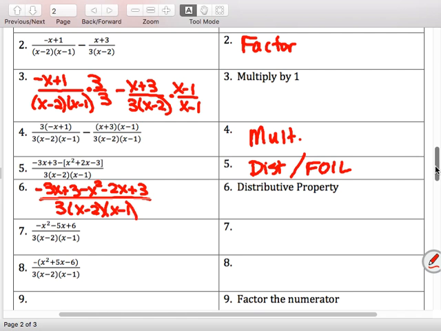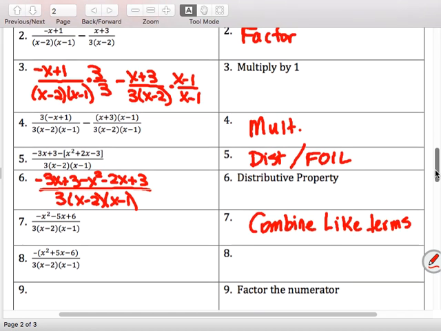For the reason in 7, what have I done from step 6 to step 7? Combine like terms. Okay, combine like terms.